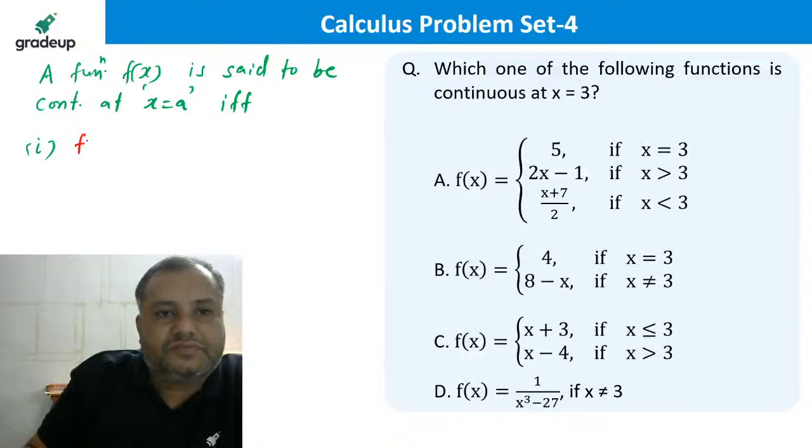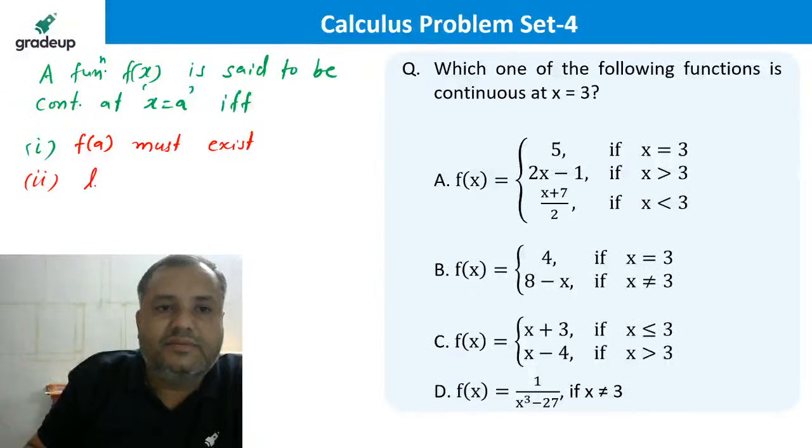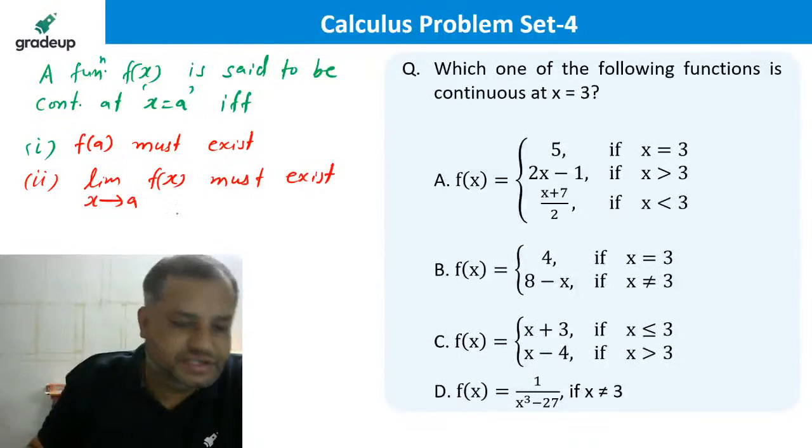That f of a must exist. Number 2, limit x tending to a of f of x must exist.